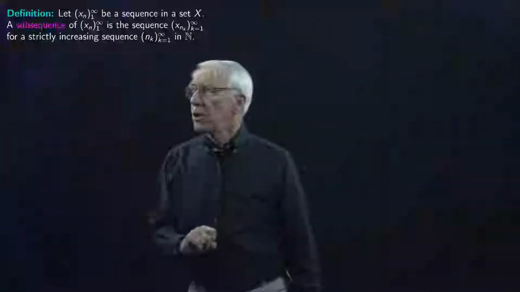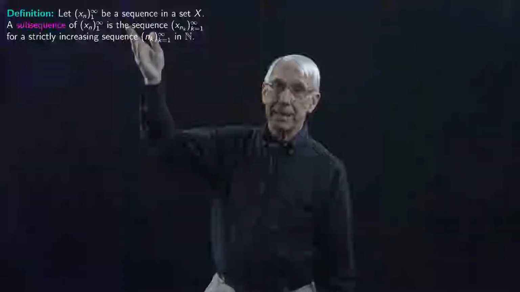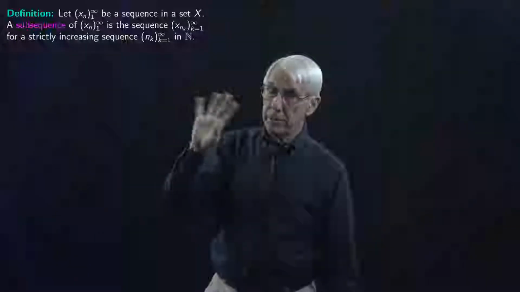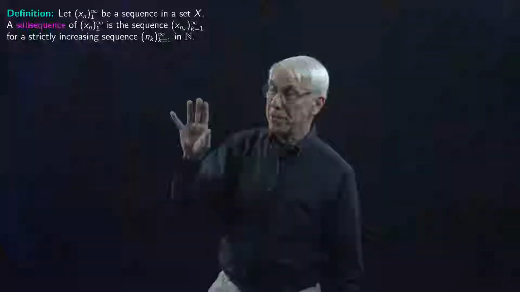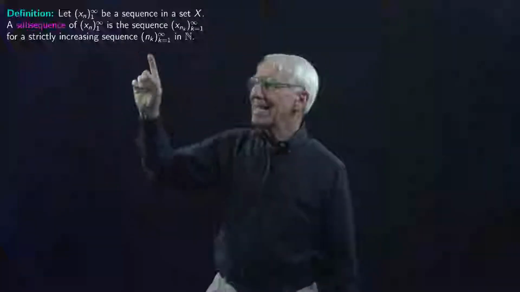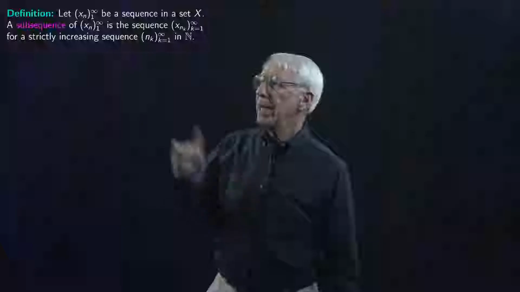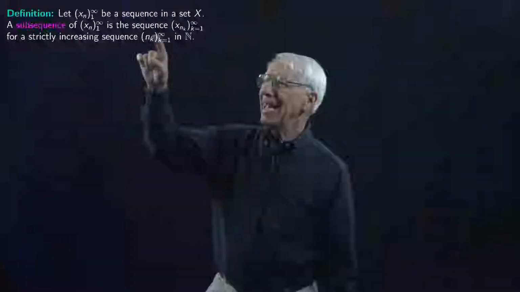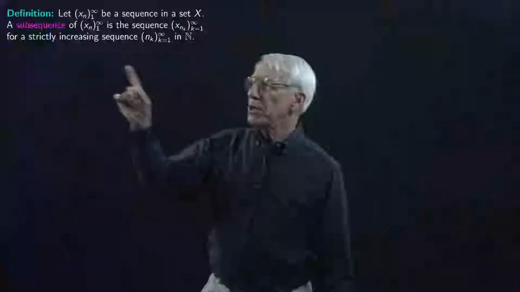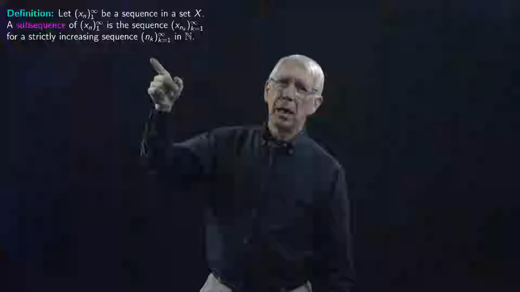So suppose we have a sequence in any set. Of course, we're going to be working here with the real numbers, but other times we'll be working with sequences in other sets. So suppose we have a sequence in some set, capital X. A subsequence of that original sequence is the sequence x sub n sub k for k equals 1 to infinity, for a strictly increasing sequence n sub k of natural numbers.